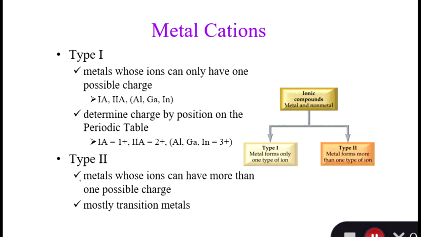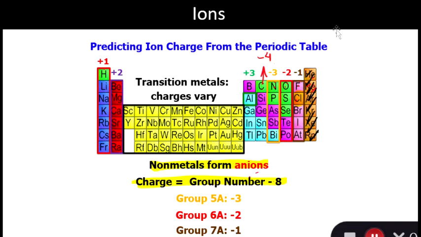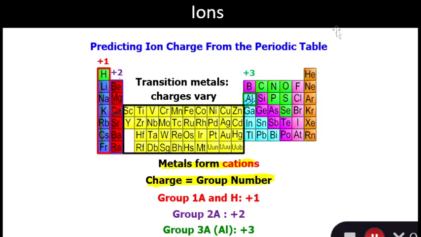They make a variety of ions. For example, Fe can make 2 positive and 3 positive. So we don't have any rule to determine the charge of transition metals. That is why we focus only on groups 1, 2, and 3. After some slides, I'm going to talk about the transition metals.